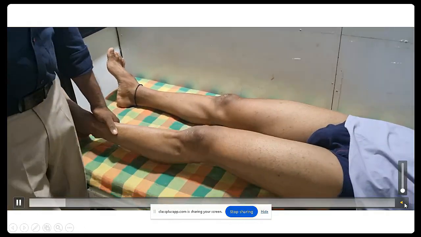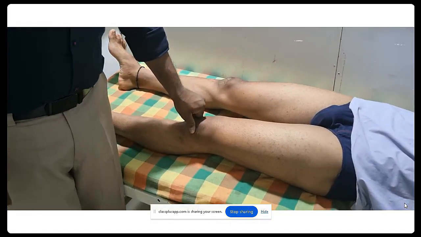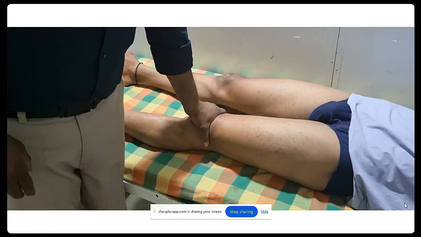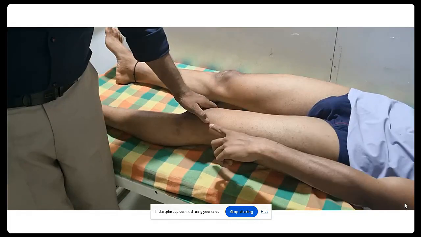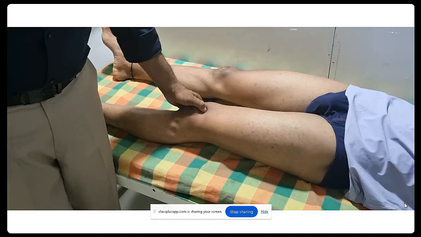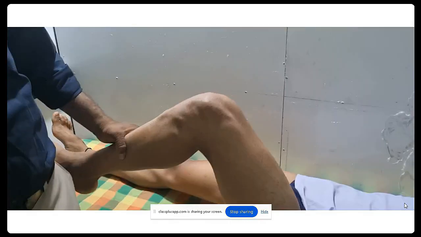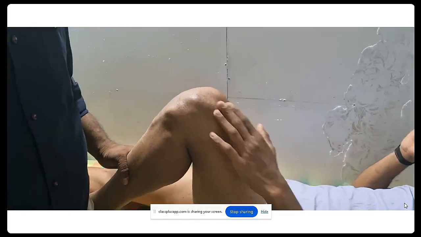He is telling that after a running session in the morning, he went home, and after having lunch, he had an afternoon nap. When he woke up from his bed, he found that he had a restricted range of motion.